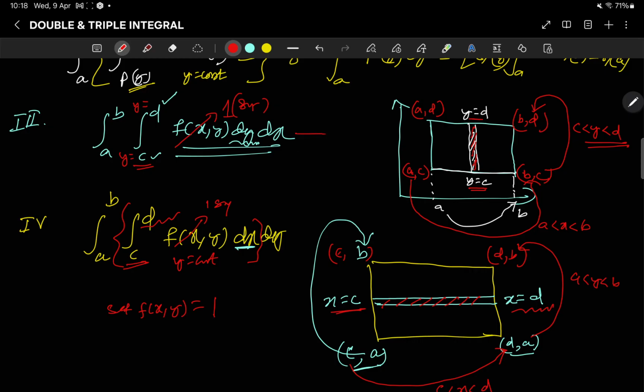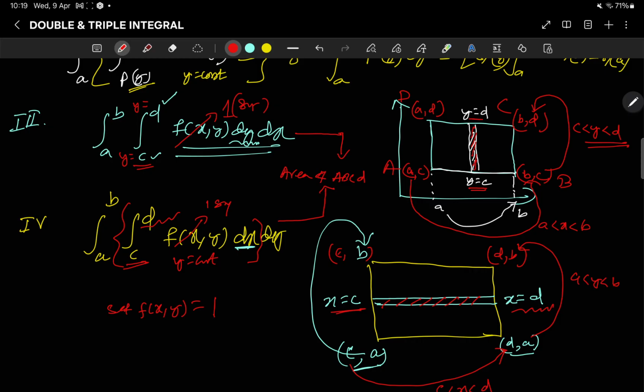If I denote it A, B, C and D, then it is the area of ABCD, if f(x,y) is equal to 1.